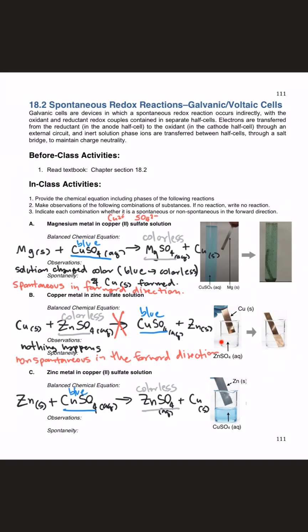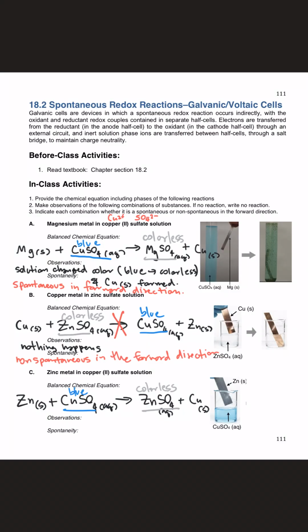The zinc sulfate is colorless. There is no color here, right? So therefore, if this reaction happens, it's going to change from the blue color to colorless, or from a darker blue to a lighter blue. But if you wait long enough, you are going to observe the colorless solution, which is the identity of the zinc sulfate. And you're also going to observe copper that deposits in the beaker as well.